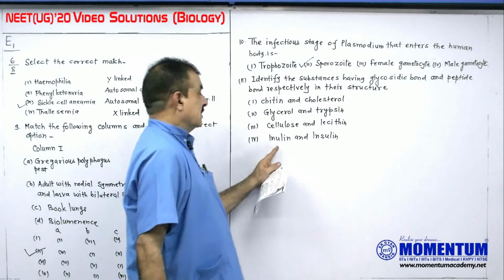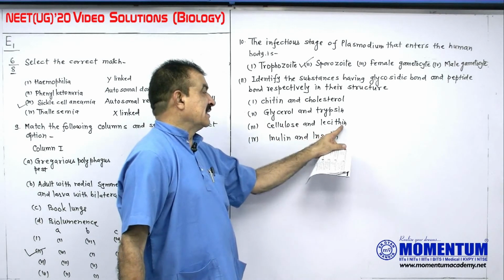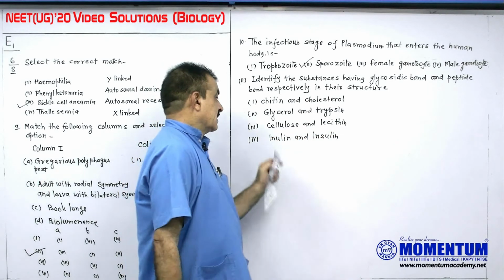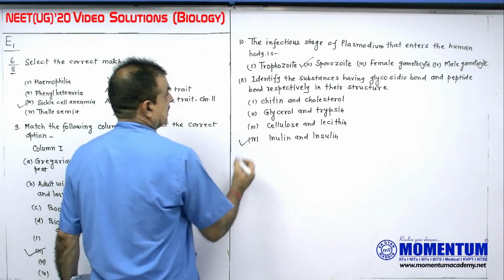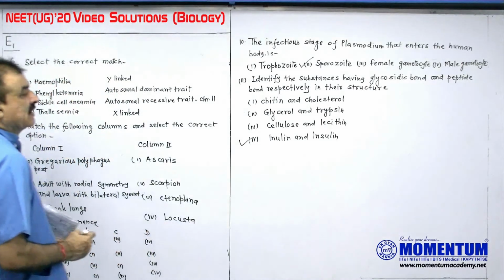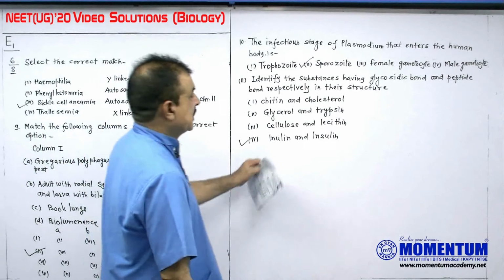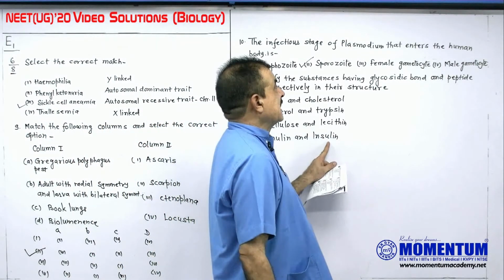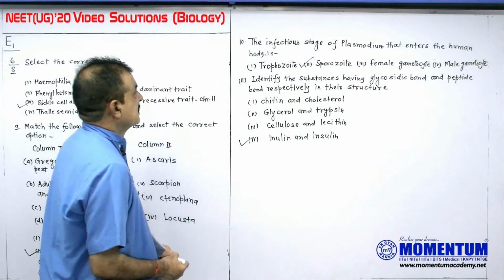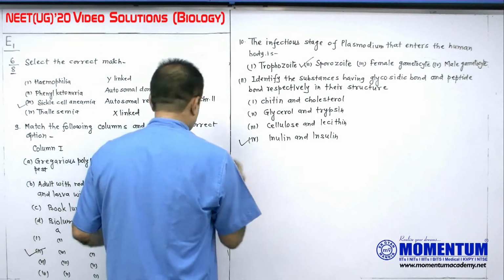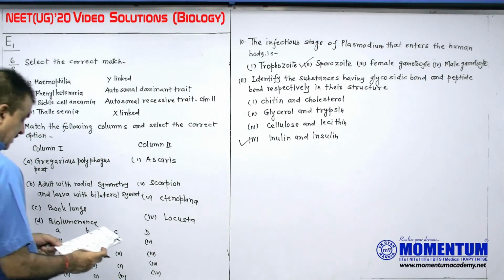Out of all, cellulose is a carbohydrate, but lecithin is not a protein. So inulin and insulin is the correct option. Inulin is a carbohydrate, insulin is a protein, so you will find peptide bonds in it. Then the next question in zoology, question number 15.